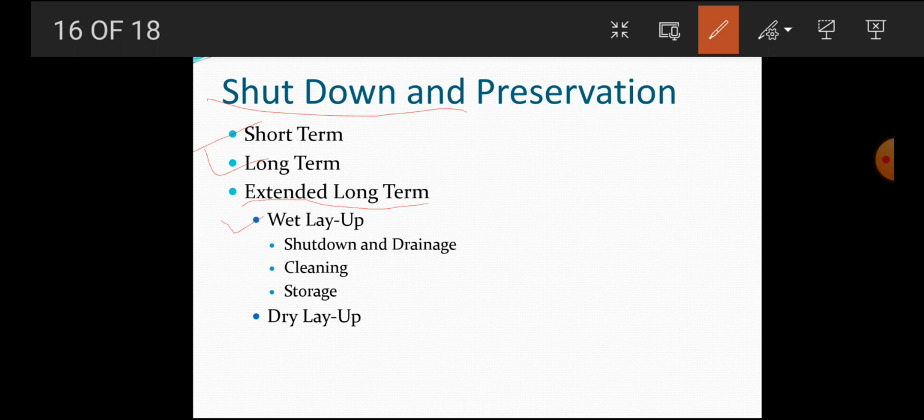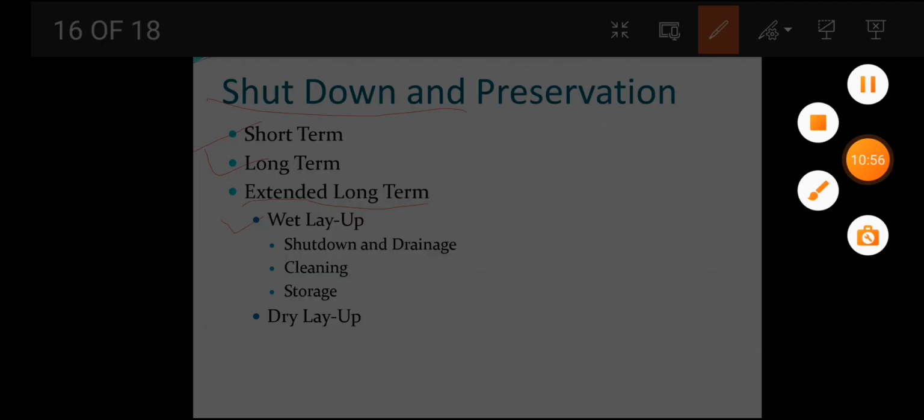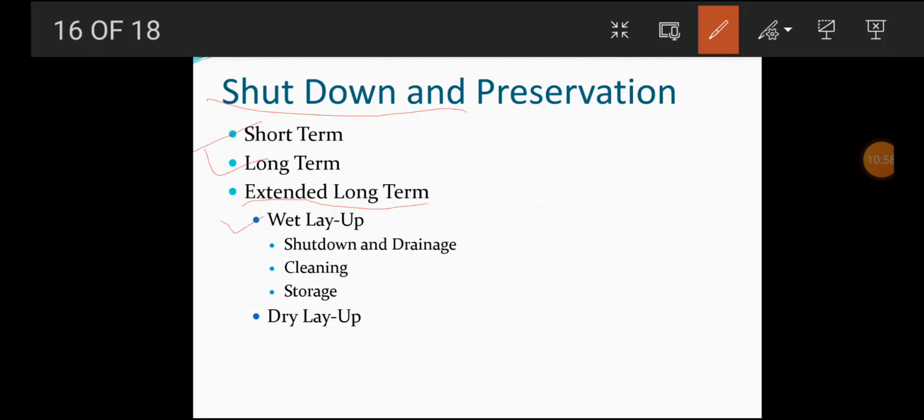To keep the boilers free from rust, pitting or corrosion while they are idle, as they are not running, it is recommended that the boiler be stored wet.